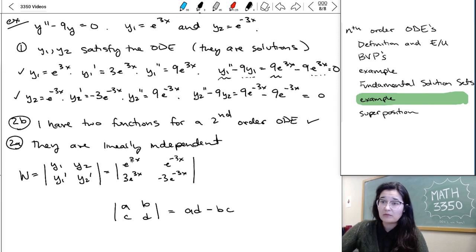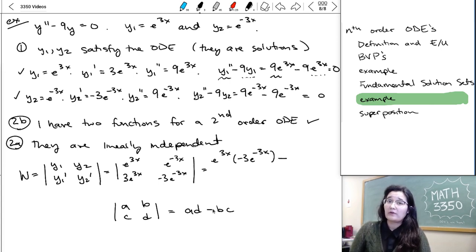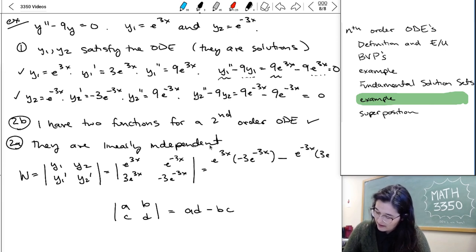So for us, I'm going to multiply diagonally first. I've got e to 3x times minus 3e to minus 3x. And then I subtract, and always be super careful here that you distribute any negative signs as they happen, but I multiply the off diagonal. So I've got e to minus 3x times 3e to 3x.